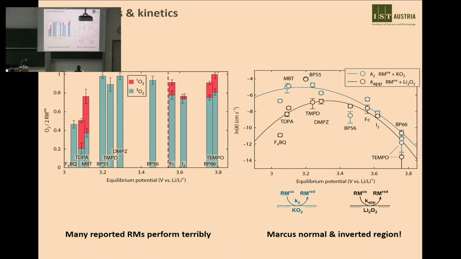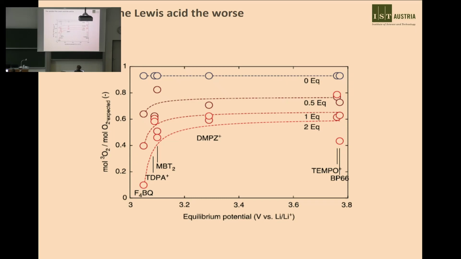Because as far as we know, it's the first case that this has been shown for heterogeneous systems with insulators. We also measured disproportionation kinetics, and we found this is always higher than any of these electron transfer kinetics, or higher than most of those. Since disproportionation is faster than any of the electron transfers, it's also important to look at which type of oxygen the disproportionation yields.